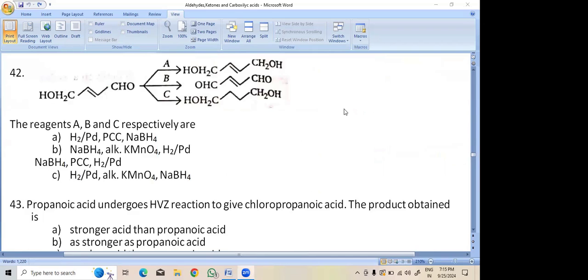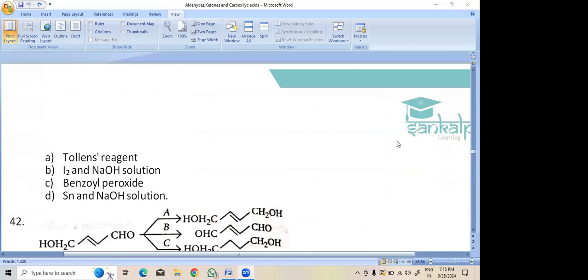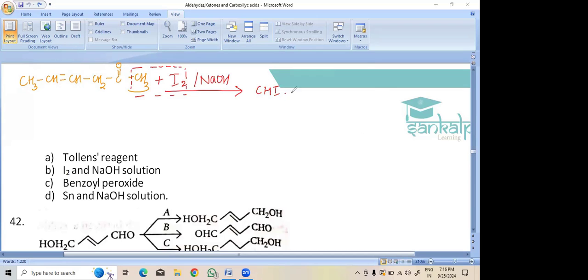Okay, let me explain again. Here the reaction is CH3, CH double bond CH, CH2, C double bond O, CH3. Now if I react it with iodine in the presence of NaOH, this is the iodoform test. This bond is broken, and it is going to react with iodine, and I'm going to get CHI3, so iodoform is formed. Now here what will attack?